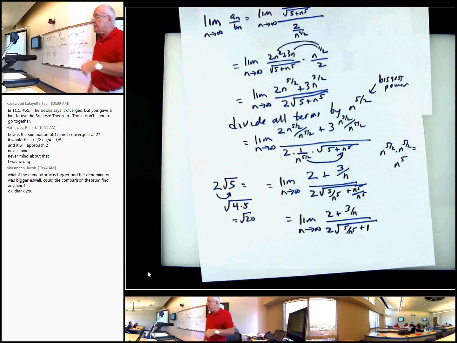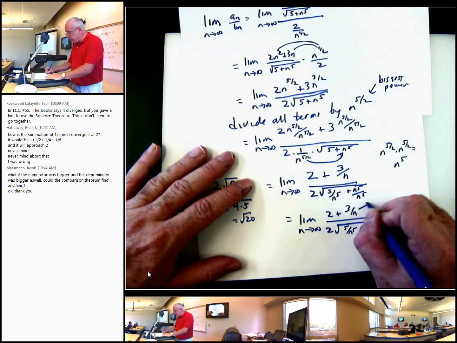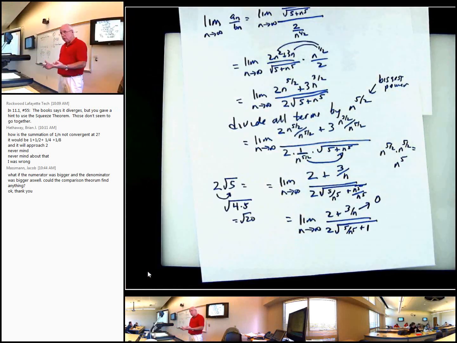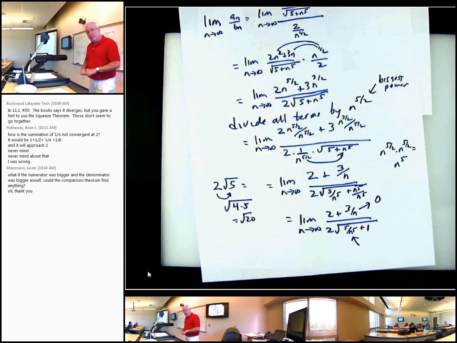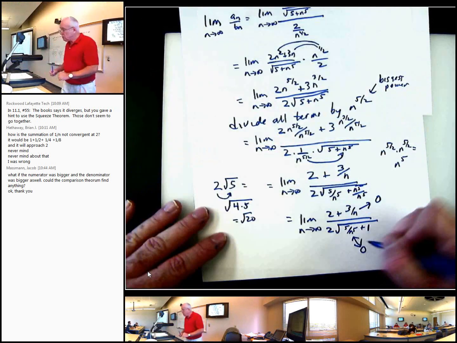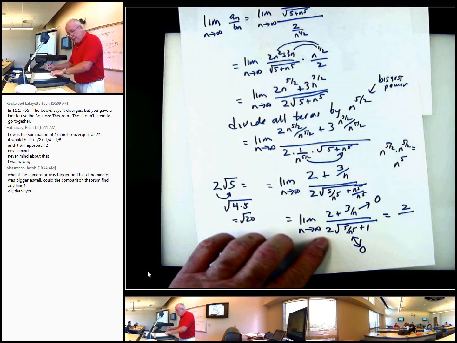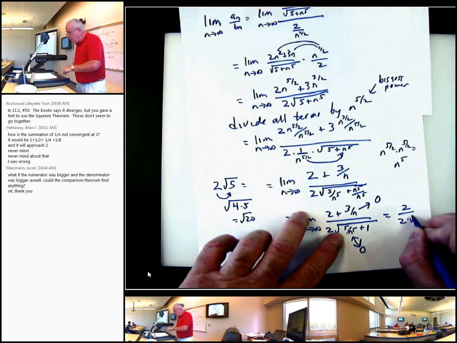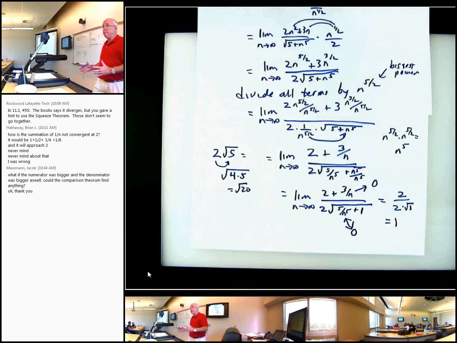Now we look at what happens when n gets bigger and bigger. 3 divided by n goes to 0. 5 over n to the 5th also goes to 0. So what we're left with is the 2 on top, and a 2 on the bottom times the square root of 1. So our limit is just 1.